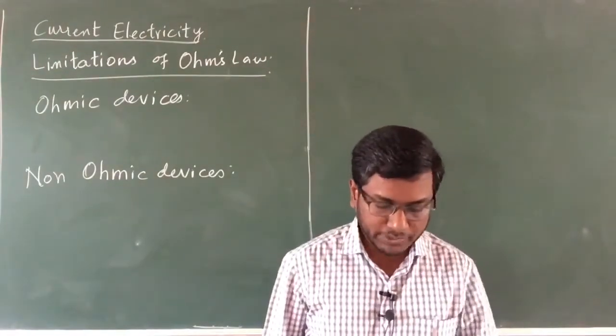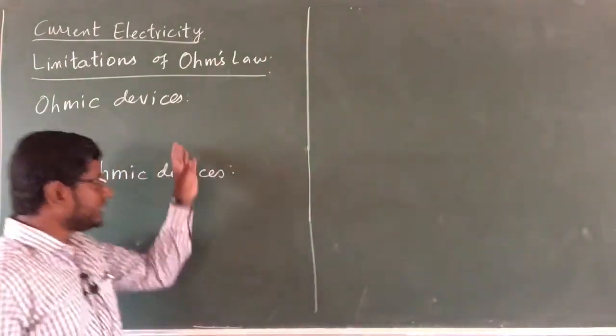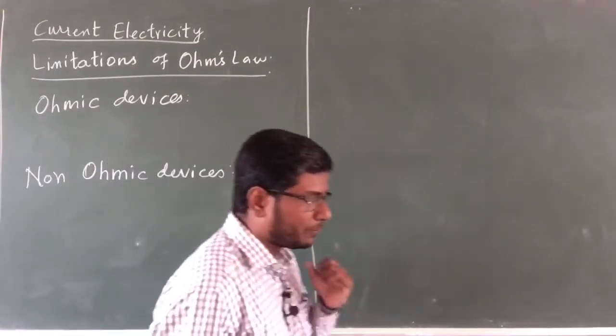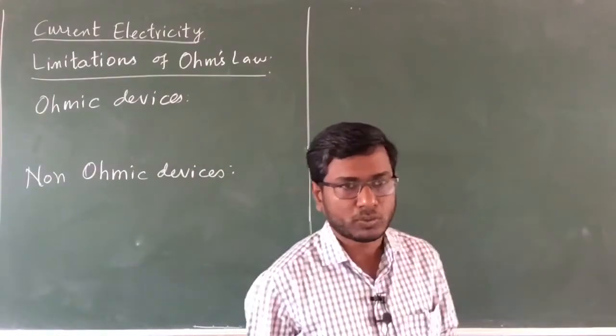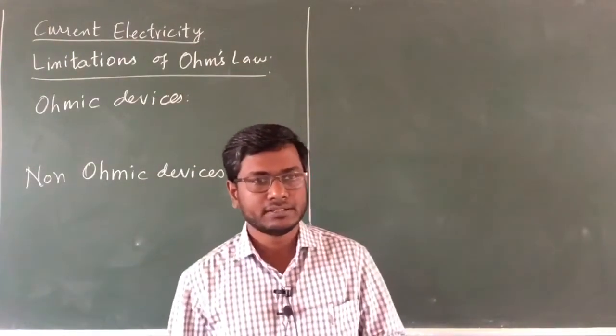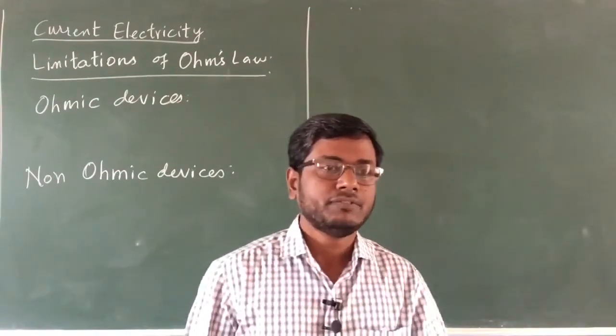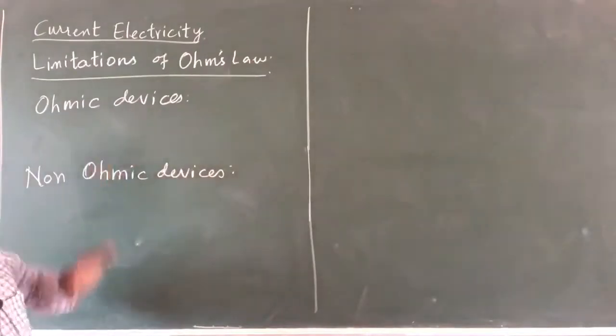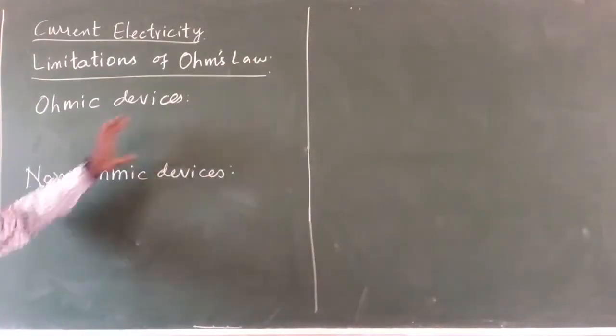Now, what are the examples? An ohmic device can be any conductor. You can take a copper wire, an aluminum wire, or a steel wire. Any wire made of a metal will be an ohmic device or an ohmic conductor.